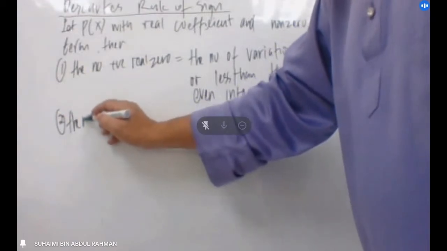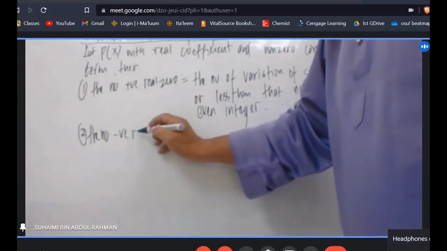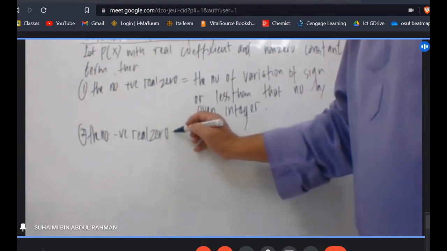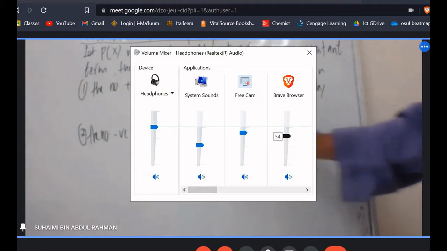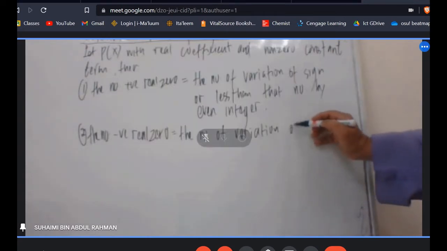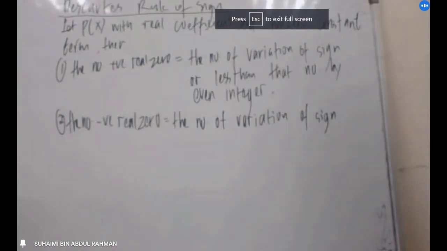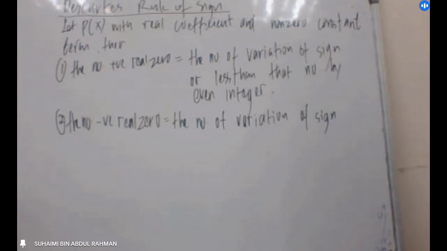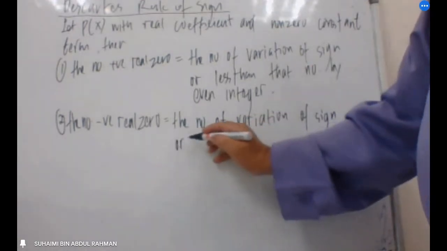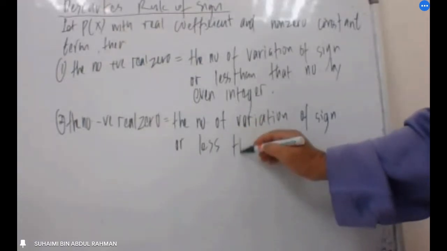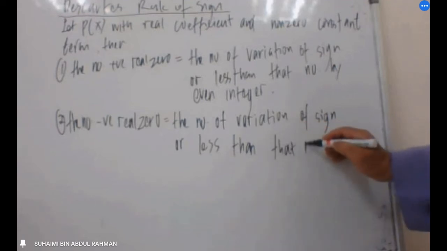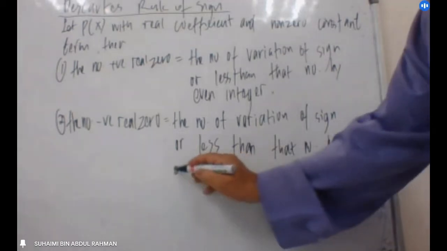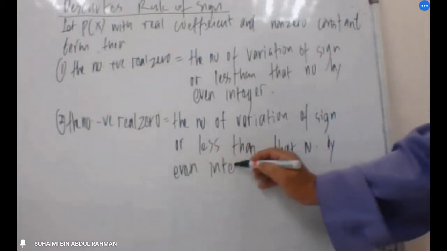Two, the number of negative real zeros is the number of variations of sign, or less than that number by an even integer.